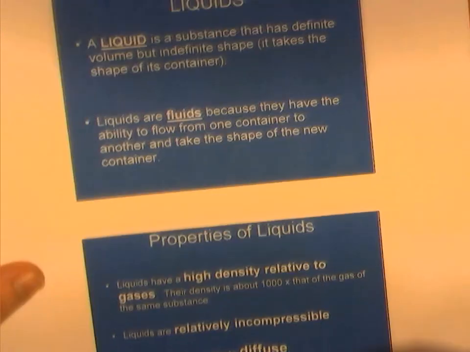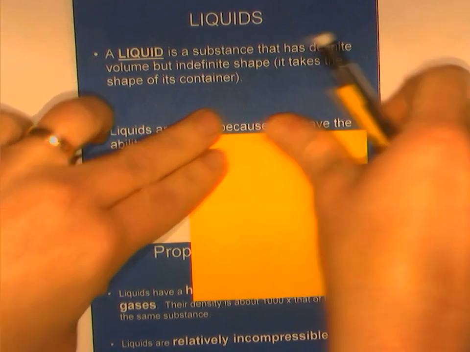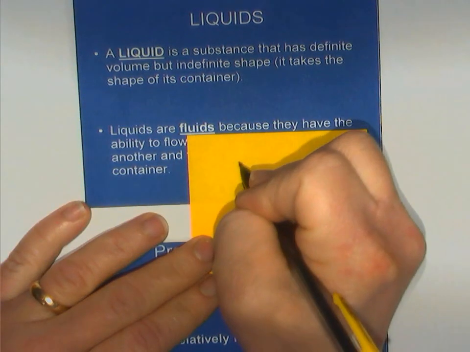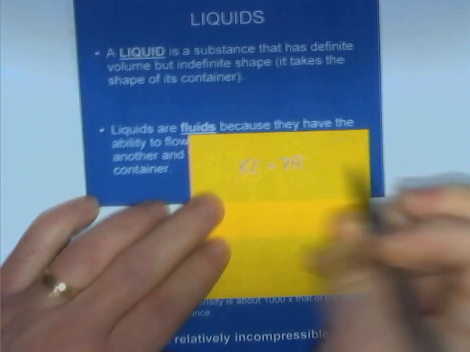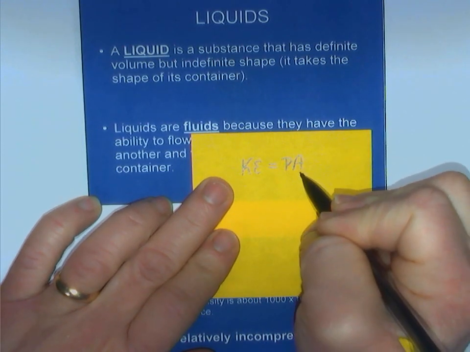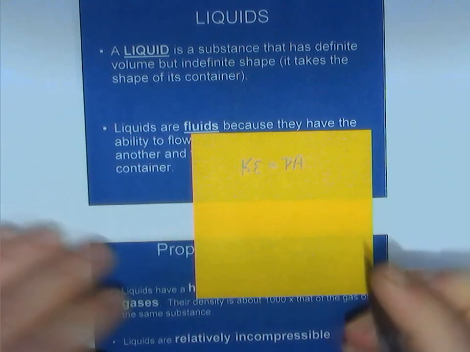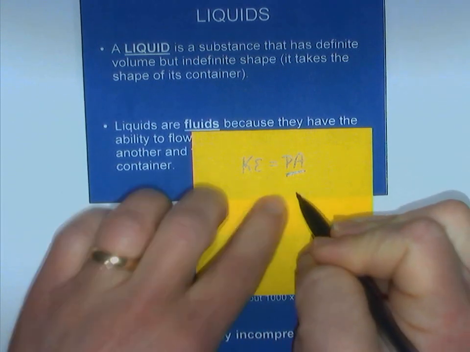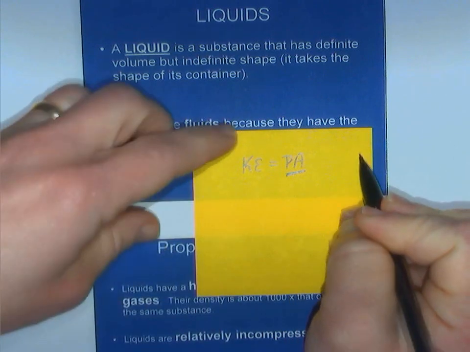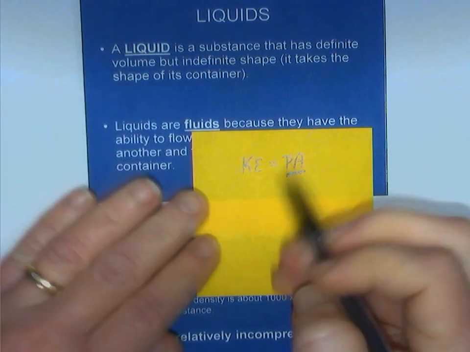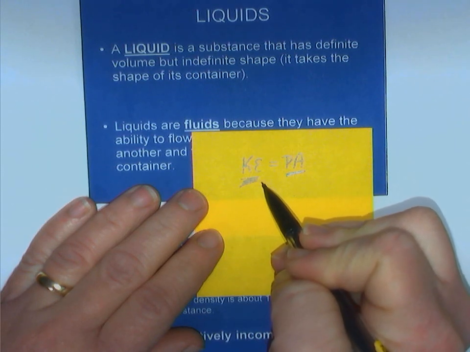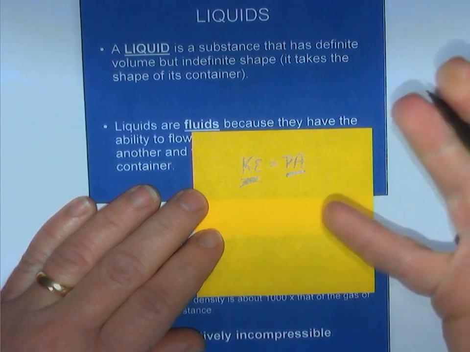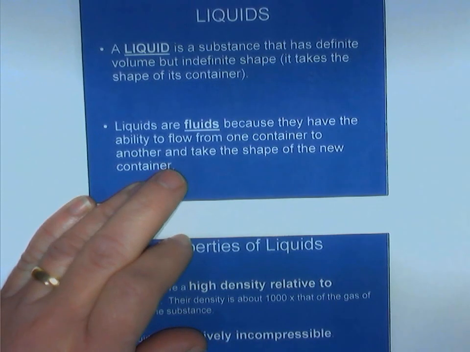But the most outstanding property of a liquid is that the kinetic energy and particle attraction are balanced, so the volume is limited because the particle attraction does not allow the particles to fully expand to fill their container like a gas. Yet they have enough kinetic energy that they don't have a set shape, an indefinite shape, similar to a gas and different, of course, from a solid.